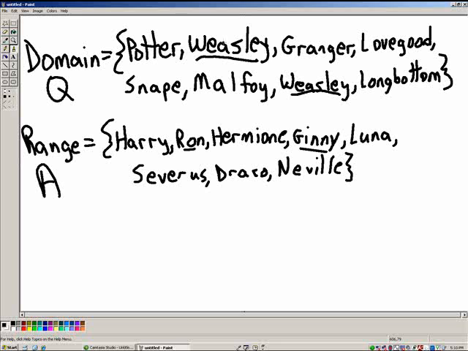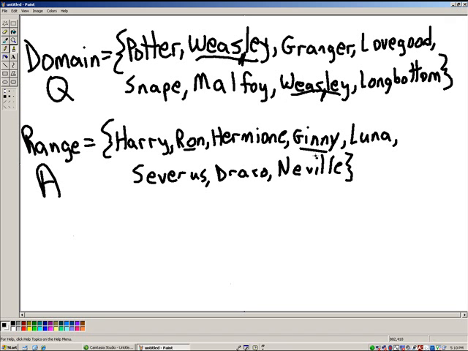But those questions are the same, aren't they? When we ask whose last name is Weasley, it could be Ron or Ginny. Remember, order doesn't matter. We can't say, well, this is Ron's Weasley and this is Ginny's Weasley. If we were to say, what boy has the last name Weasley, what girl has the last name Weasley, then we only have one answer again, but that's not the question. The question is, whose last name is Weasley?